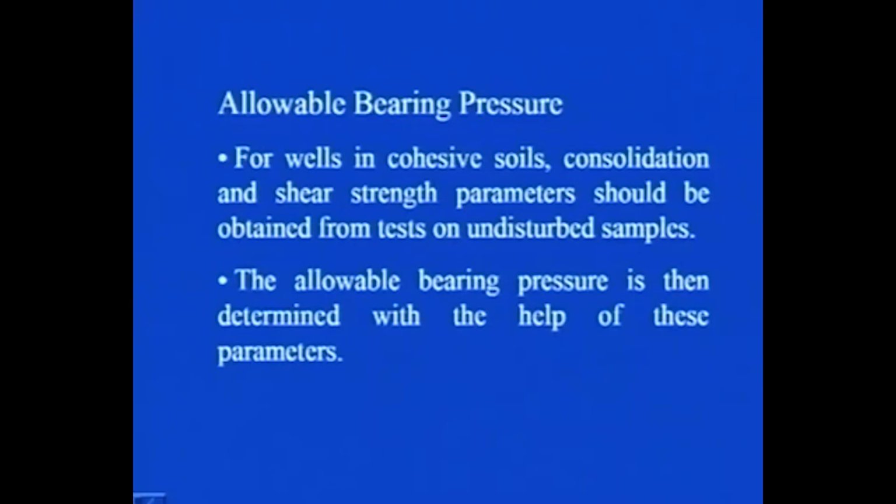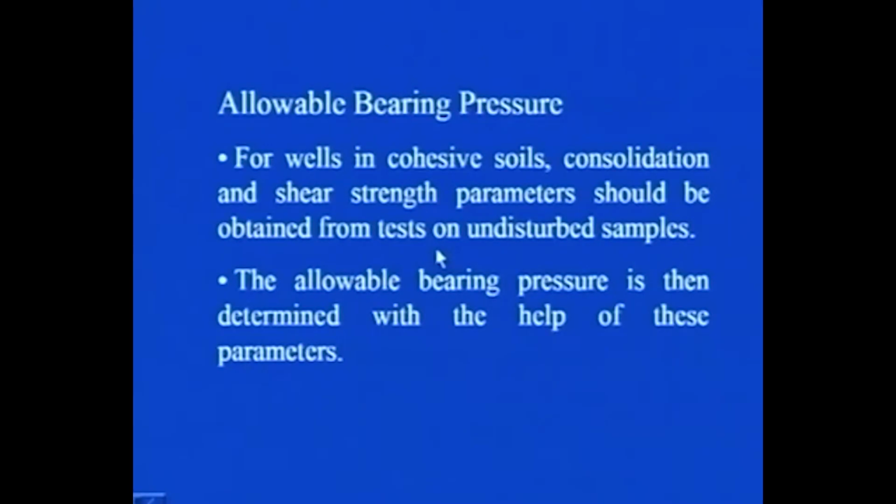When you know where the foundation has to be laid, you can collect the undisturbed sample and carry it to the laboratory and conduct tests to determine the shear strength parameters, that means cohesion and angle of internal friction, and various consolidation characteristics like the coefficient of consolidation, etc. In case of cohesive soil, the settlement is mainly consolidation settlement, so the consolidation characteristics become quite important.